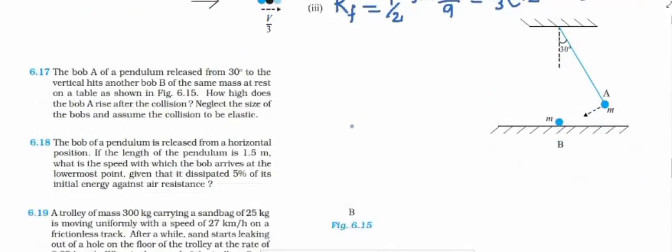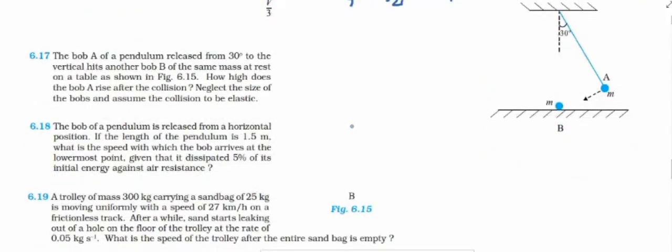Next, question 17. A bob, okay, you can see in the diagram also, bob A, 30°. It's bob B, both are having same mass. And bob B is at rest.